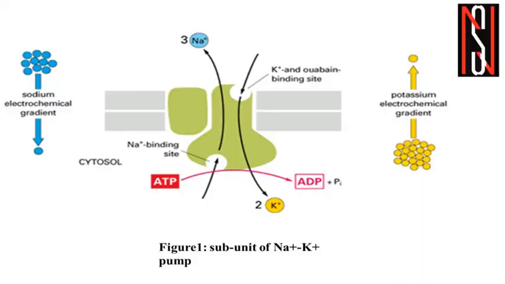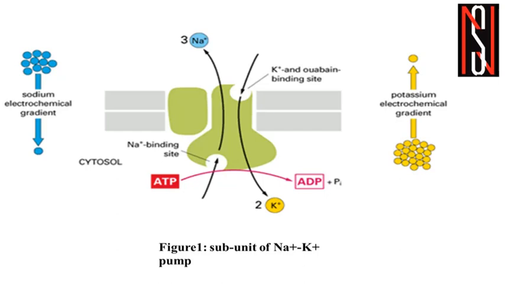In this diagram you can clearly see that there is a sodium binding site and a potassium binding site. The sodium ions bind at the inside of the cell and then go to the outside of the cell, the extracellular part, whereas the potassium ions from outside of the cell bind and then come inside the cell.